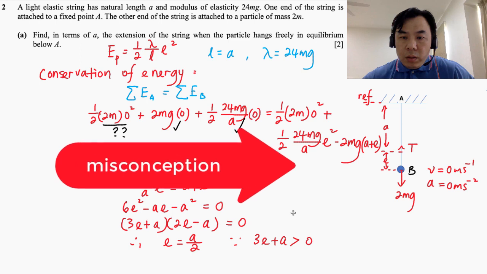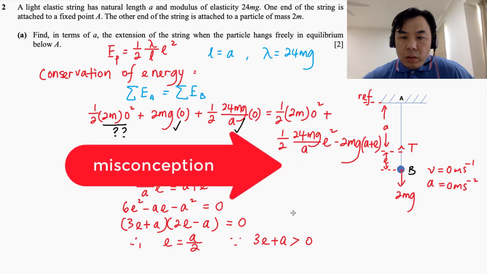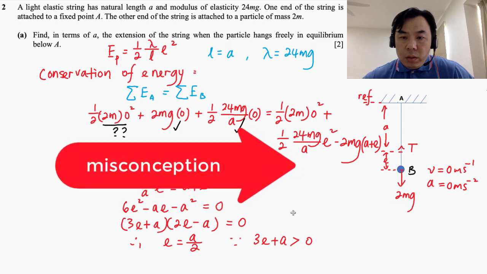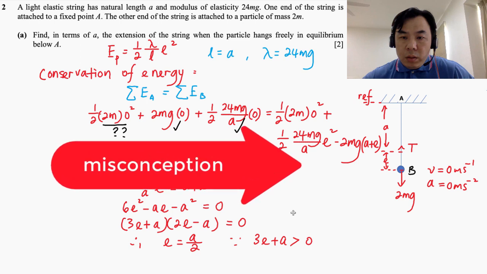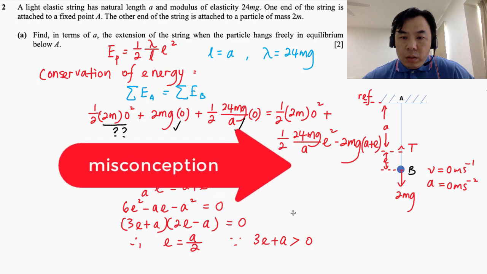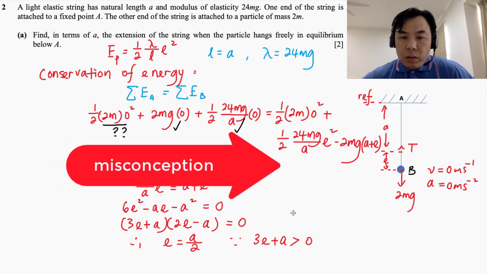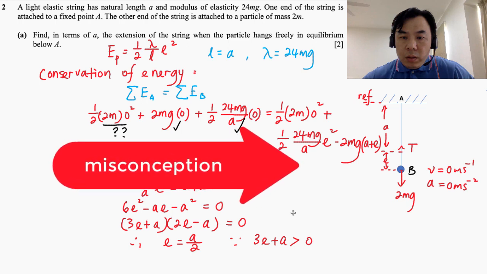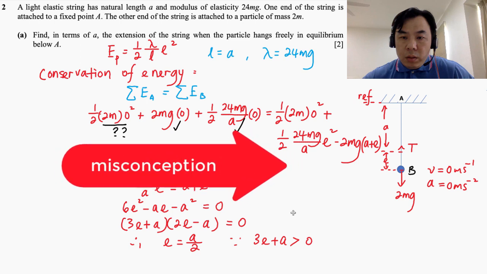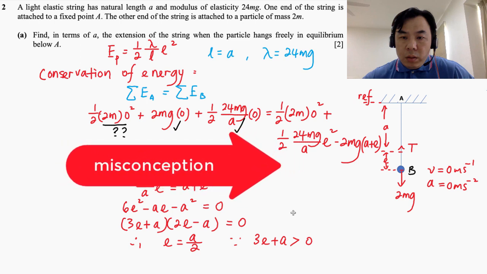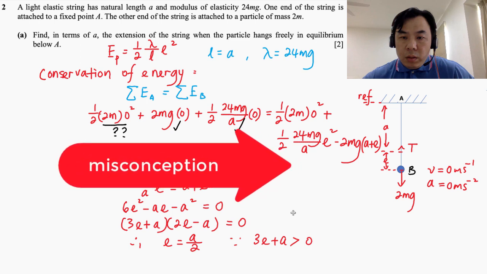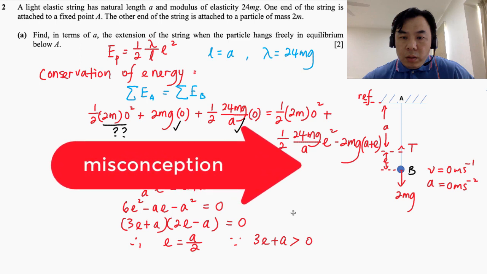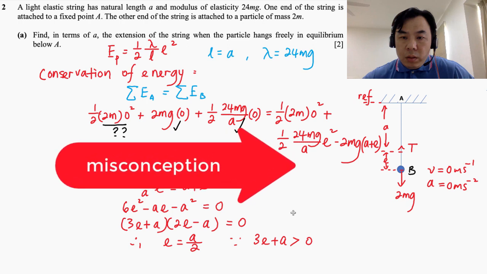It's not E equal to half a A, because the first condition was to hold the particle so that it is in equilibrium at position B. You let it be at rest or at equilibrium at position B, not releasing it from position A until it falls and then reaches equilibrium on its own. You can actually release the object from A and let it fall, and it's going to bounce up and down before it can reach equilibrium. So let's wait a few minutes for it to reach equilibrium.